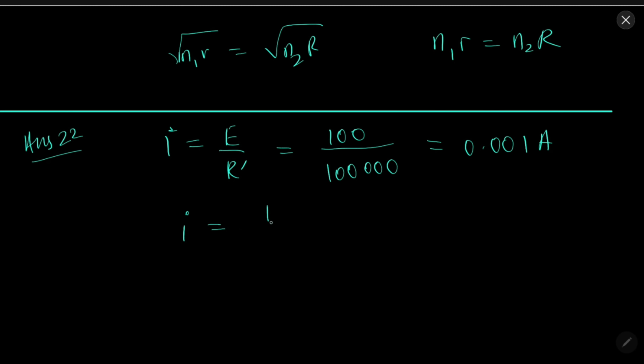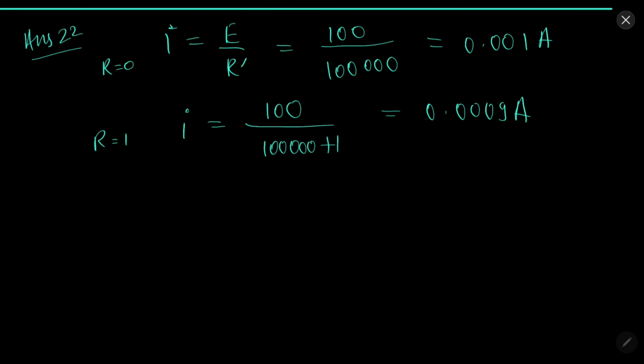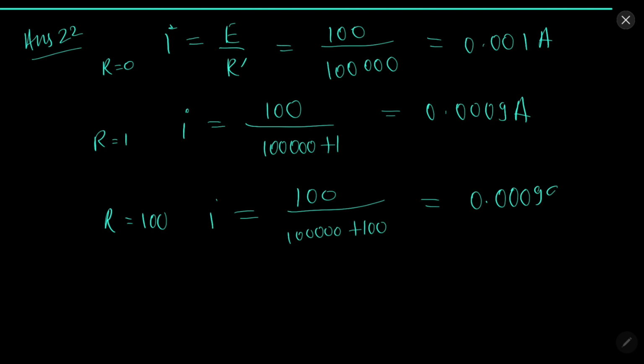When R is equal to 1, in the earlier case R was 0, in this case R will be 1, 0.000 plus 1, which will give us 0.0009 ampere. When R is equal to 100, so in this case 100 over 100,000 plus 100, it will give us 0.000999 ampere.